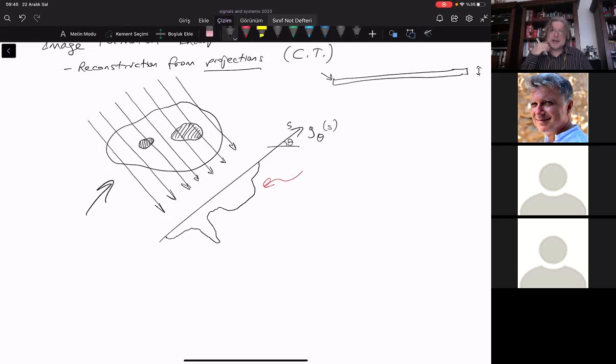Can we really reconstruct that information up to a resolution, of course? This g theta of s is, as you see, a one-dimensional signal, and it has its one-dimensional Fourier transform, which may be written as g sub theta of omega. So s is the space domain, and omega is the frequency domain notation that we have.